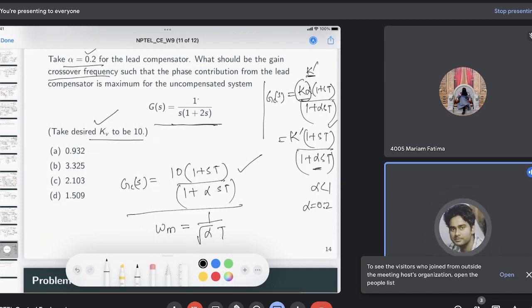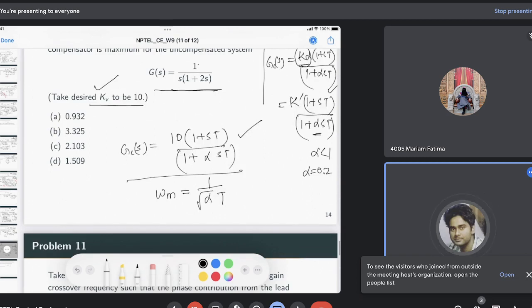So what does this mean? We should choose this frequency to be the gain crossover frequency.